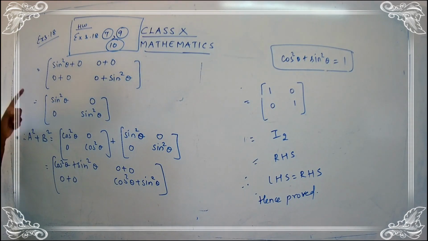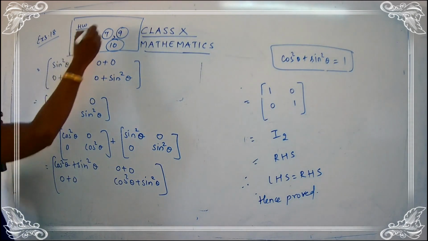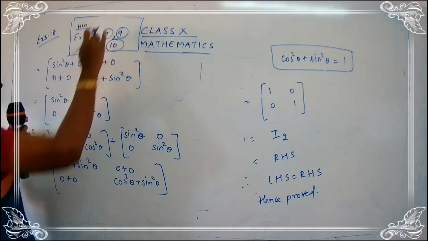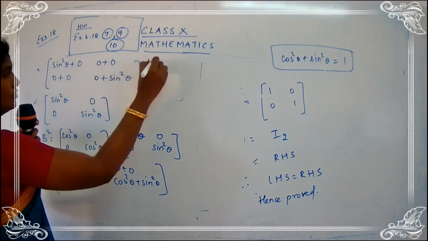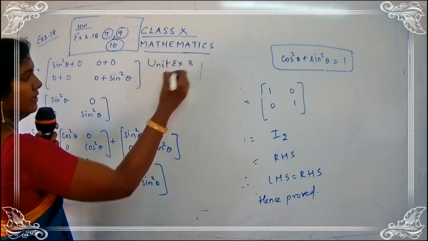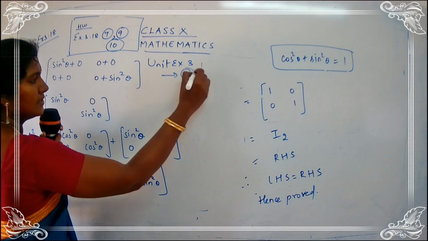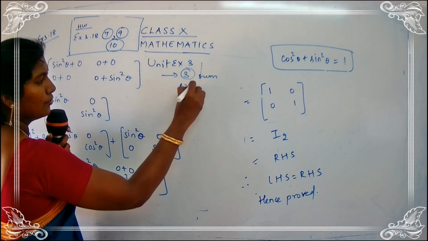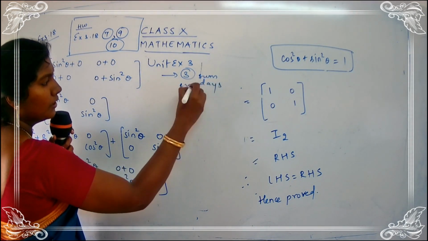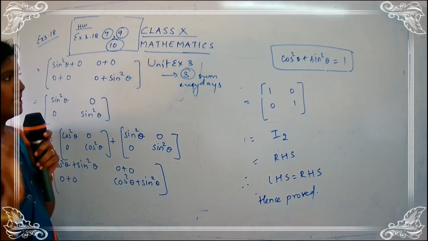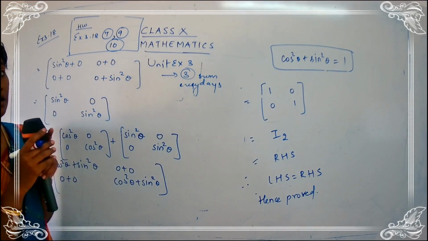I will not be mentioning it or reminding you every day. You have to keep this in your mind. So 3 sums every day from the unit exercise. I'm giving you 7 days, so in 7 days you have to complete all the 20 sums.